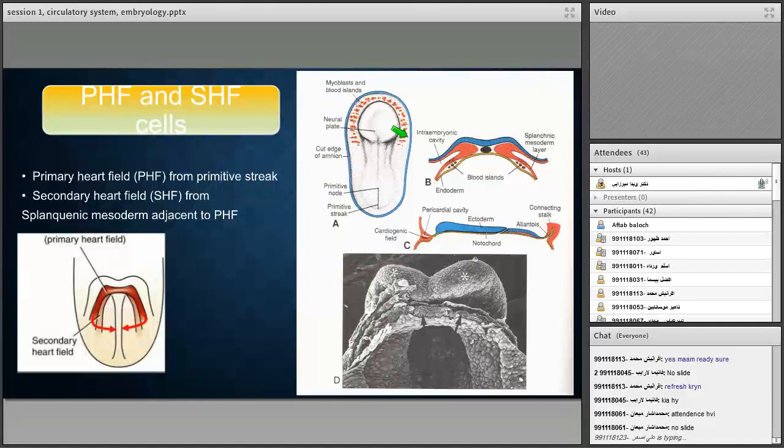The cells which have to make the upper part of the heart, the outflow tract, will migrate at first, and then the cells which have to make the inflow part will migrate from the primitive streak.